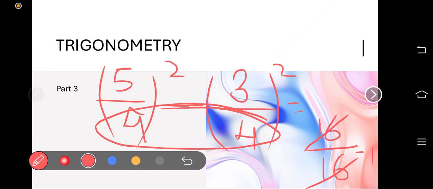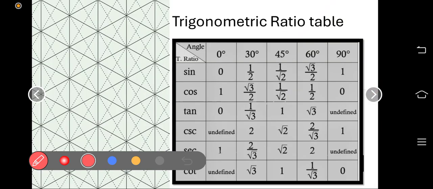And now, getting into the actual topic: the trigonometric ratio table. In this ratio table, you're going to learn the values for some certain angles. You may ask why only five angles.